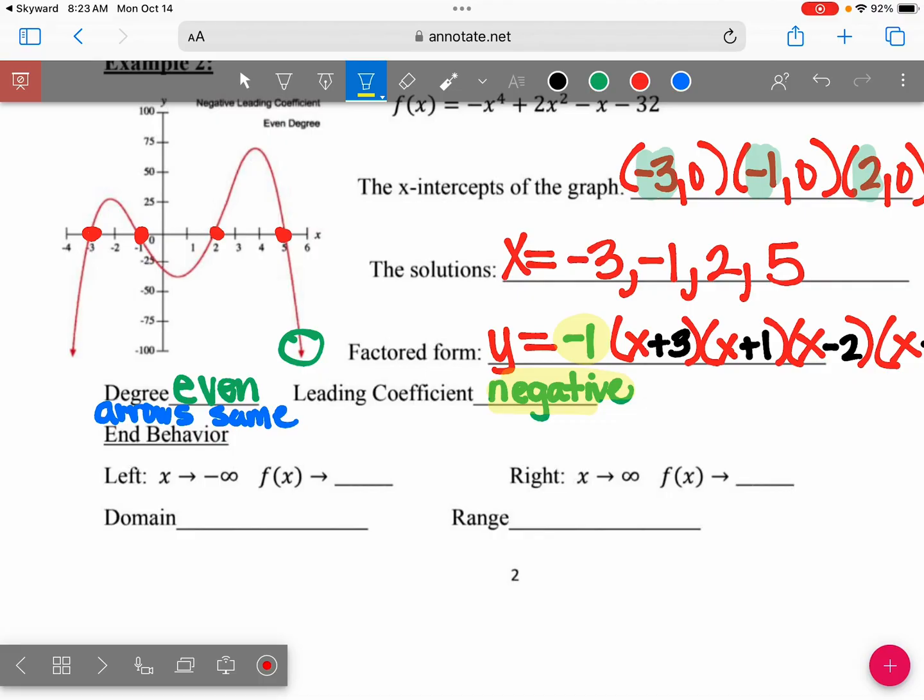All right, now both arrows are going down, so my end behavior is going to be the same. And because both arrows are going down, we're going to say negative infinity for both. All right, our domain, again, all real numbers.